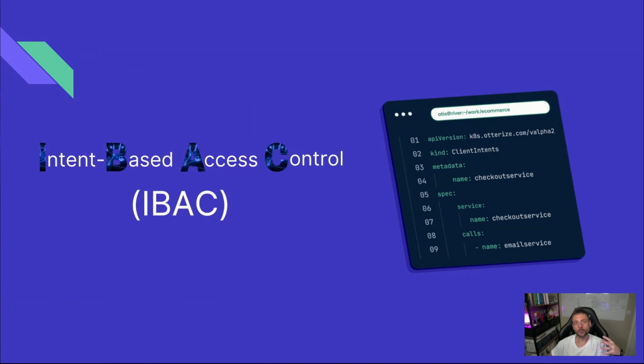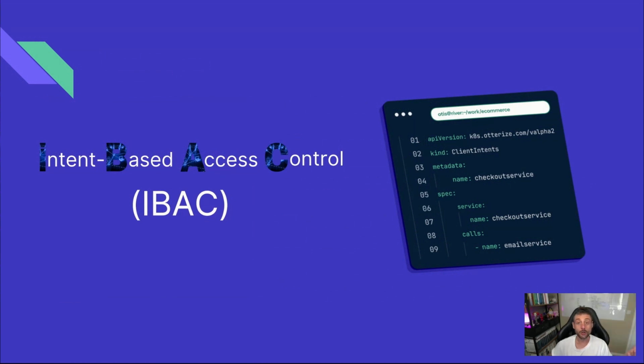So this approach not only simplifies the developer's life, but also makes things easier for the platform team. By abstracting away the complexity of policy configuration, IBAC frees them up to focus on higher level security concerns. IBAC is built on the power of Kubernetes operators as well as a declarative model, leveraging the strength of the platform to create a more streamlined and intuitive security workflow.